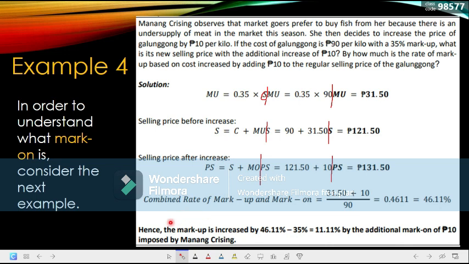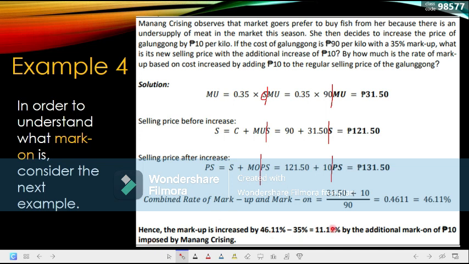Hence, the markup is increased by 46.11% minus 35%. That's 11.11% by the additional mark-on of 10 pesos imposed by Manang Crising.